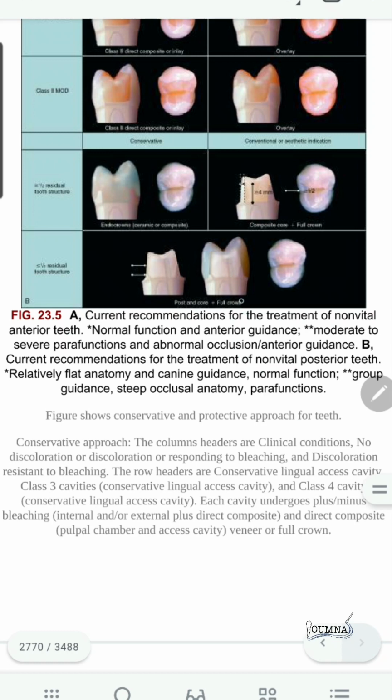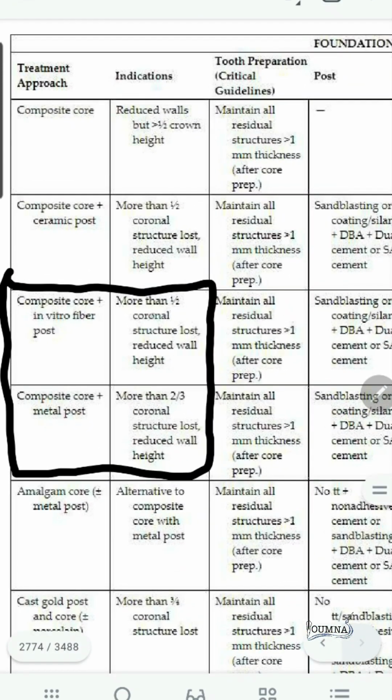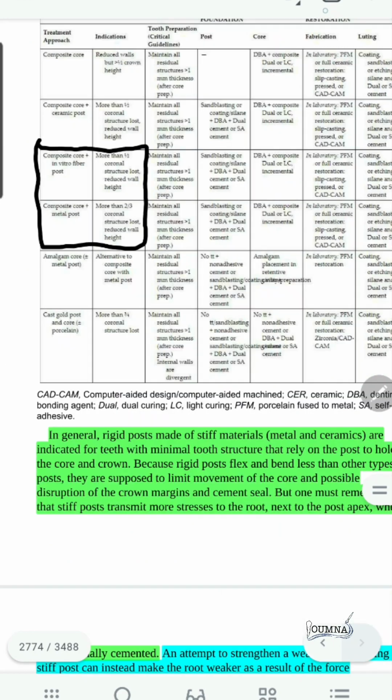post. The post does not increase the strength of the root, but it gives us retention for the crown restoration. So if we have half of the tooth structure left, we use a composite core with a fiber post, and if 2/3 of the coronal structure is lost, we use a core and metal post.